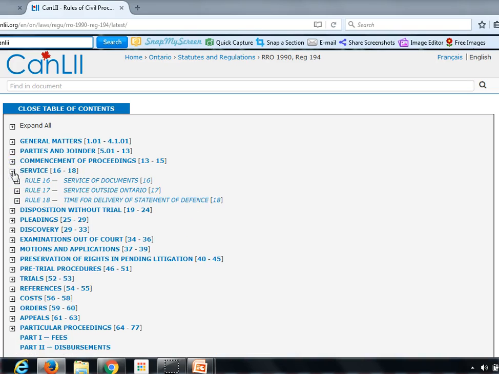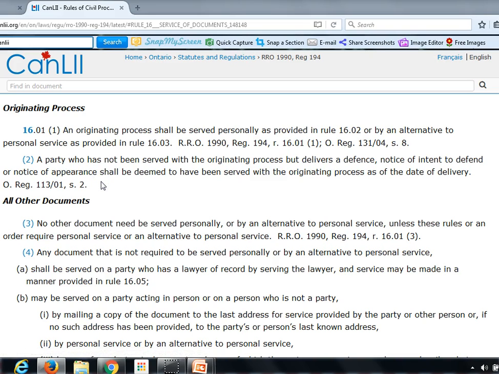Let's look into service of documents. I was talking to you about the service of a statement of claim. I was giving you an example. So here's 16.01(1), an originating process. Originating process is like a claim or a notice of application. It's defined in the rules. You can find that.